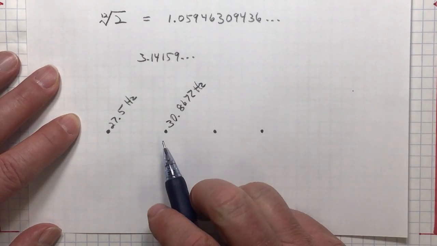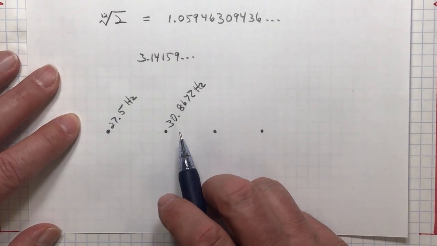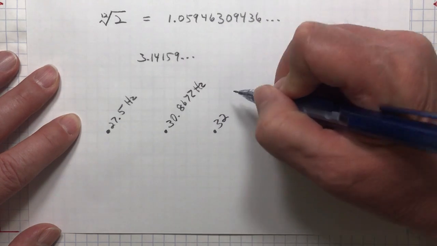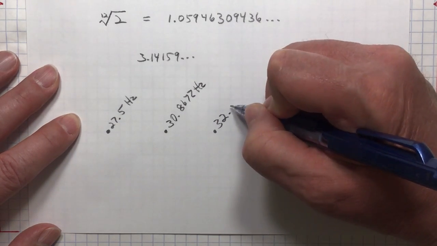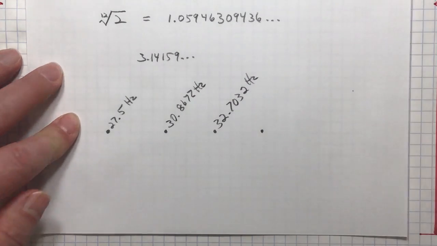Multiply 30.8677 by the 12th root of 2, and you get 32.7032 hertz.